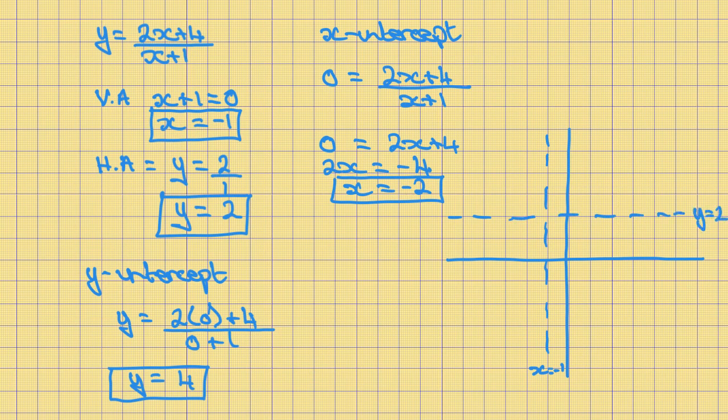We have got our y-intercept at y equals 4, and our x-intercept at x equals minus 2. So our curves go through those points. And that is our graph of y equals 2x plus 4, divided by x plus 1.